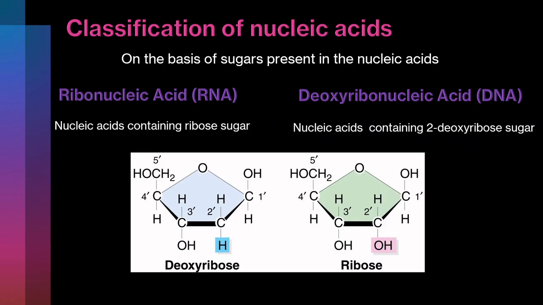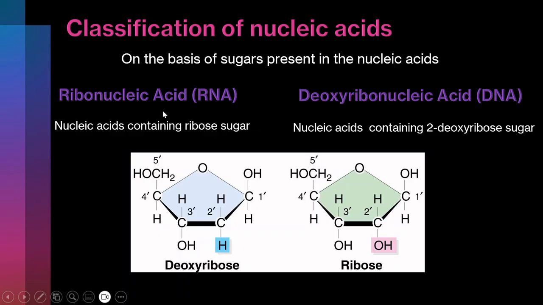Now, classification of nucleic acids. On the basis of the sugars present, nucleic acids are divided into two: ribonucleic acid, RNA, and deoxyribonucleic acid, DNA.